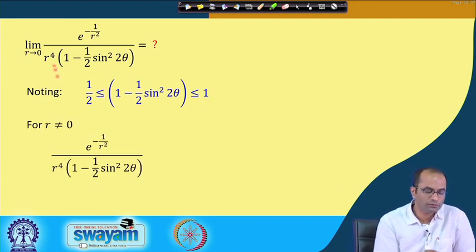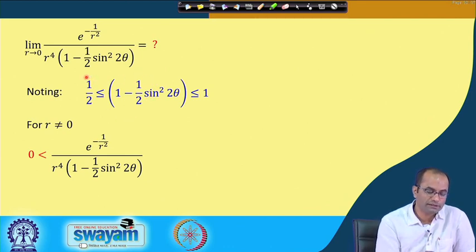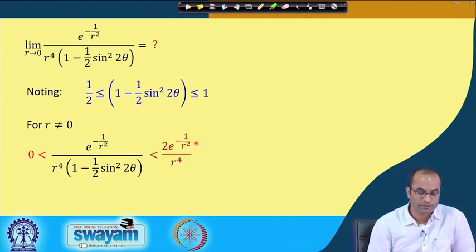Then for r not equal to 0, the whole term, 1 over r square and 1 minus this one, is a positive term, and this factor is greater than half, so certainly this is greater than 0. Because it is always greater than half, we can replace it by half and get the upper bound. Replacing this by half, we get 2 e power minus 1 over r square over r 4. So this term lies between 0 and this term.